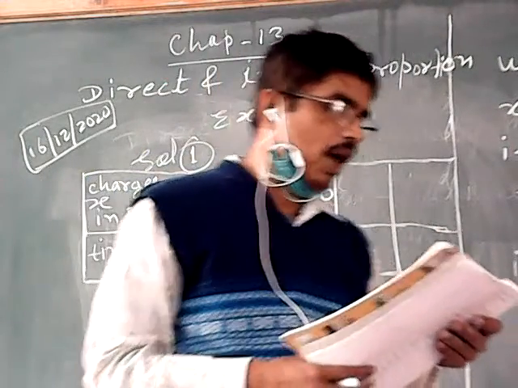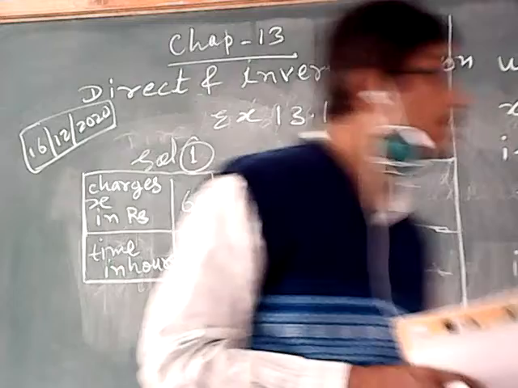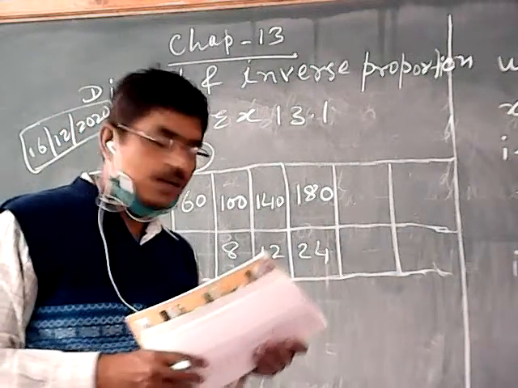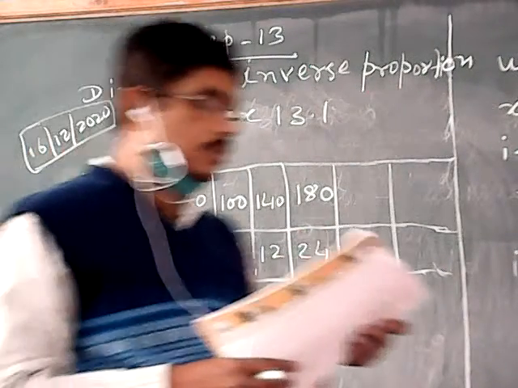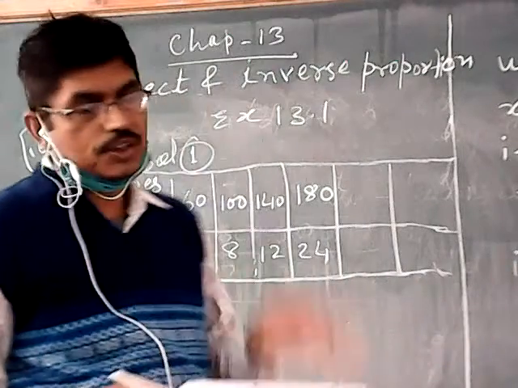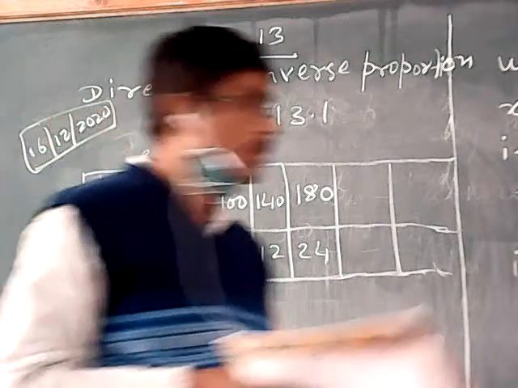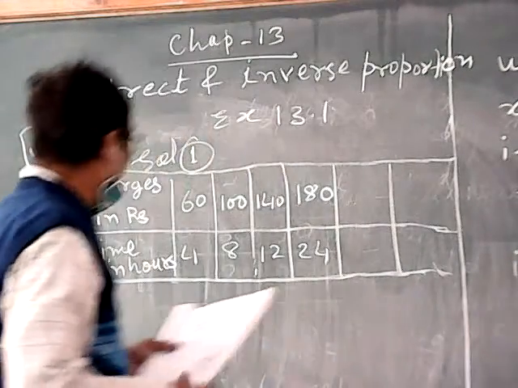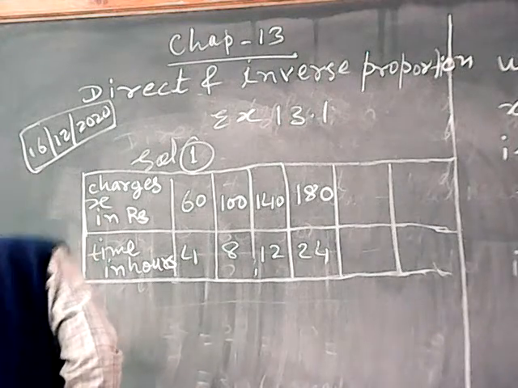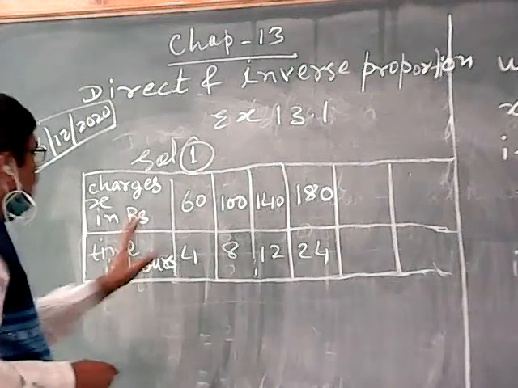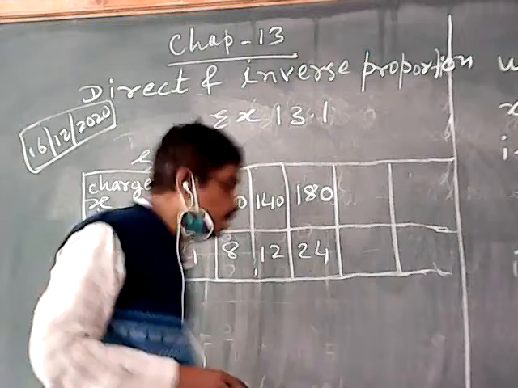Now we have to check whether this data gives the idea of direct proportion, I mean the charge for different hours of time. Whether one variable, charge in rupees, and another variable, time, are in direct proportion or not. So without using the formula we cannot say.